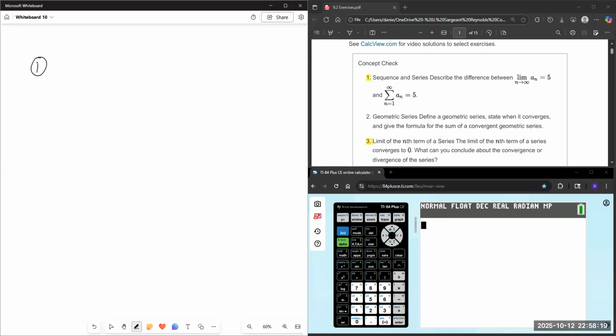To explain the difference between the statement the limit as n goes to infinity of a sub n is equal to 5.